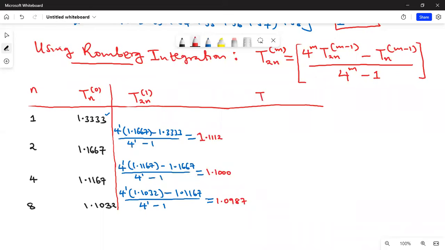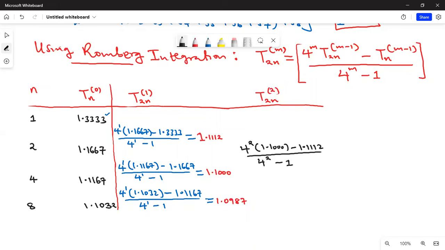Is now T2n at level 2. That means now our m is 2. The same iterative formula. So what we'll have here is now 4 raised to 2 times the value which we got as 1.1000 minus 1.1112, everything over 4 raised to 2 minus 1.